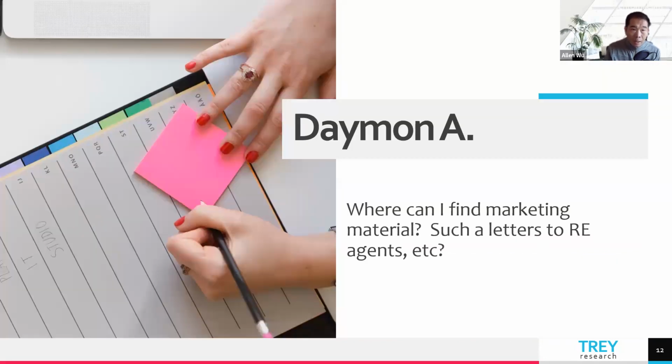Next one, where can I find marketing materials such as letters for real estate agents, and so on? Damon, for any marketing material, please send an email to support@seclending.com or marketing@seclending.com. You can find the email at the bottom of your webpage. Ask them for it, and they can show you all kinds of marketing material, letters, and so on.